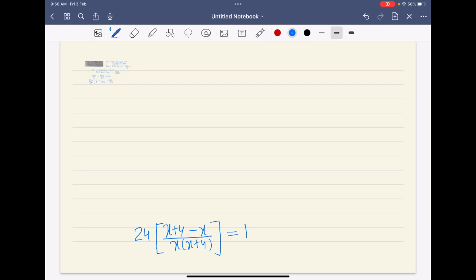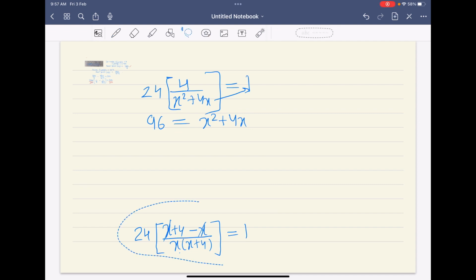I have got 24 times, now X will strike minus X, and we are left with 24 times 4 upon x square plus 4x, which is what I get when I multiply x plus 4 with x, and which is equal to 1. Now 24 times 4 gives us 96, and x square plus 4x gets cross multiplied with 1, and we get this. So now we are almost there.